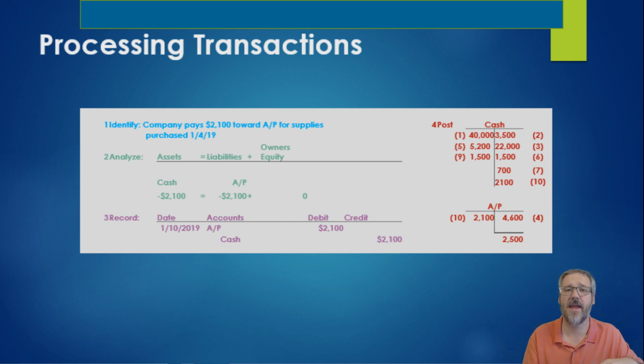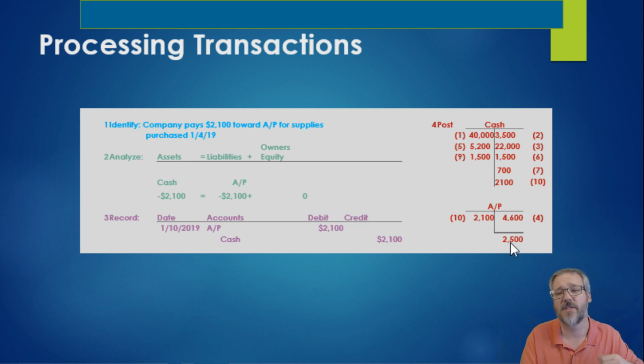That is to say, what I owe this company is now going to decrease by $2,100. When I entered into this agreement to pay them $4,600, I posted a $4,600 credit entry to accounts payable. Now, when I'm paying this part of this bill on the 10th, I am reducing this liability by $2,100.